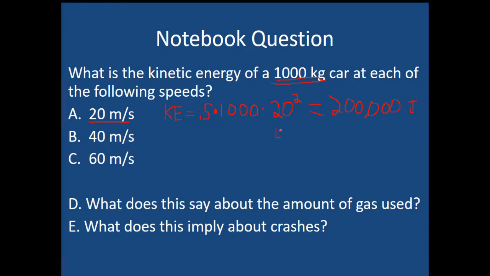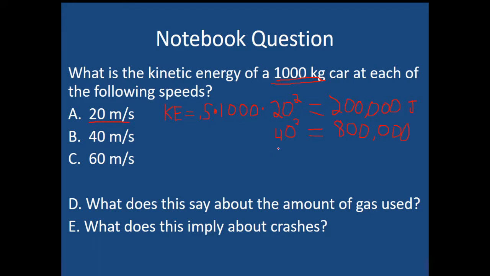The only difference is 40 would be squared this time. When you take 40 squared, you get 1,600, which you then times by 1,000, and then times by 0.5, and that gives us 800,000. So at 40 meters per second, a car has 800,000 joules of kinetic energy.